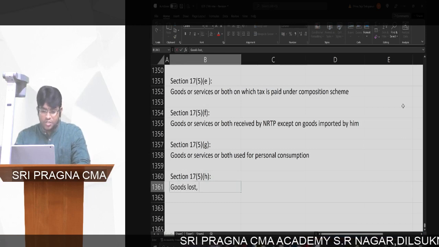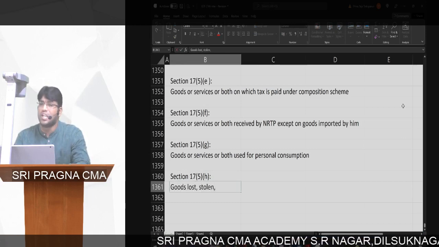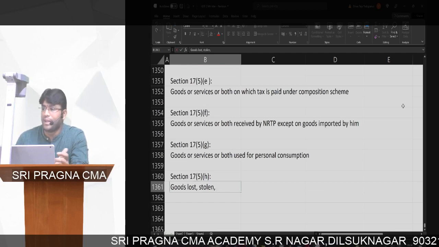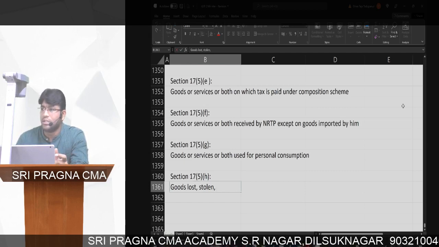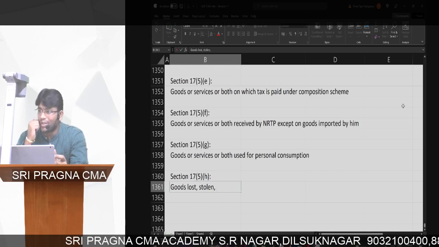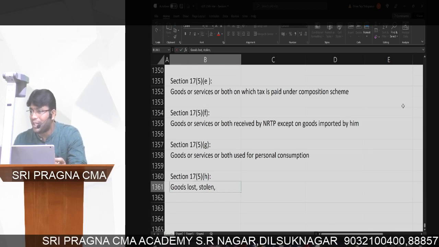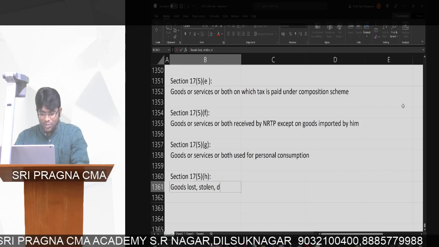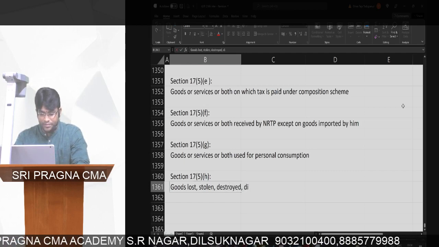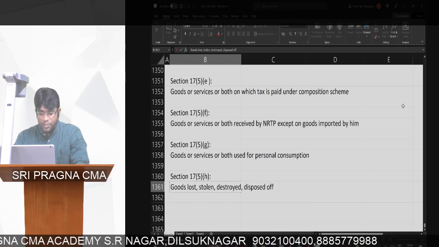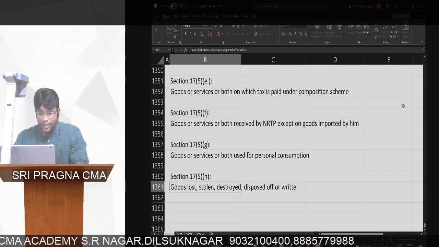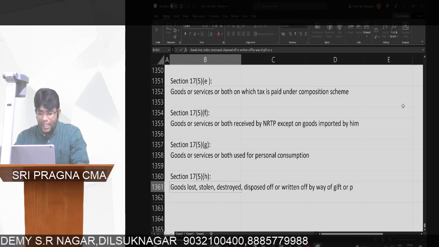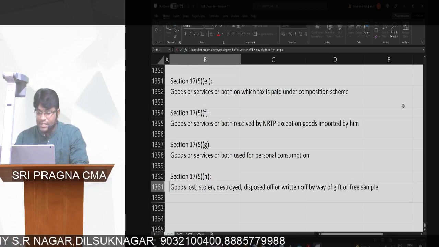Goods lost, stolen, destroyed, disposed of or written off by way of gift or free samples.